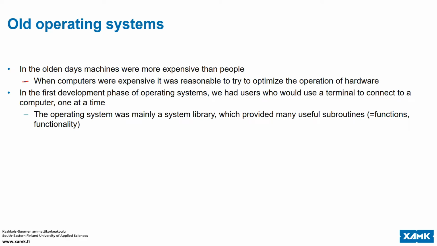The first computer systems, we had multiple users who would use what was called a dumb terminal to connect to a computer, and people would do this one at a time. So at that point, there wasn't really a need for any complex operating system. All we needed was basically a system library which provided many useful subroutines or functions, functionality that helped to abstract some of the hardware features away from sight of these computer technicians.